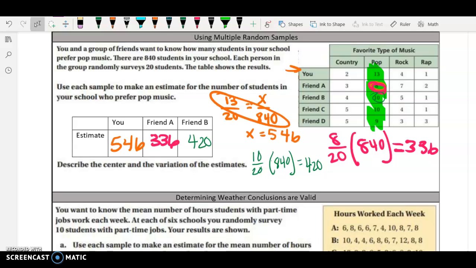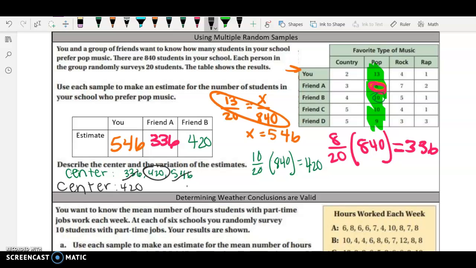So the center: describe the center and variation of the estimates. So the center, we're going to put them in order from least to greatest. So we have 336, 420, and then 546. And we're going to find the middle. So we cross them off in the middle. So the center is 420.